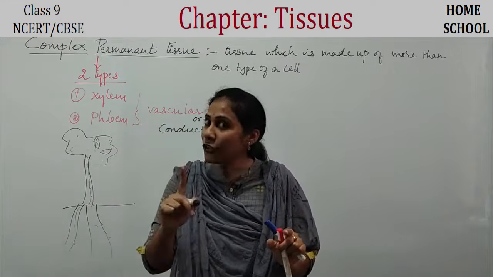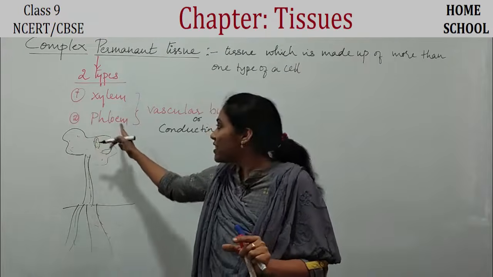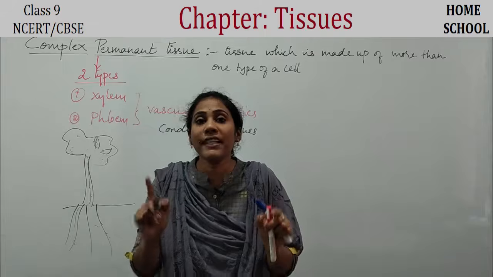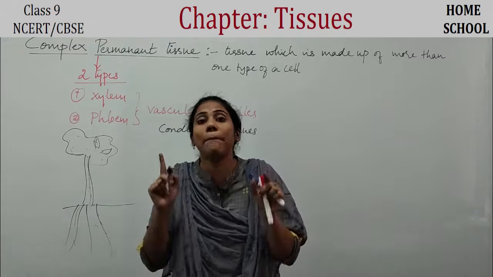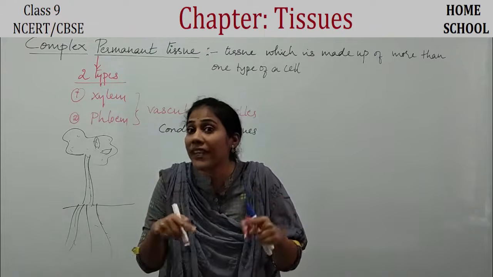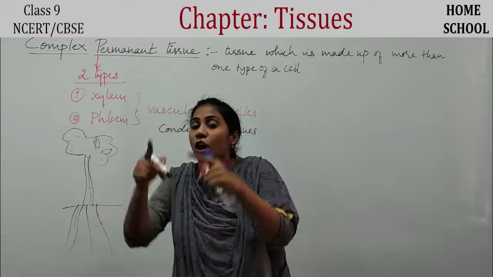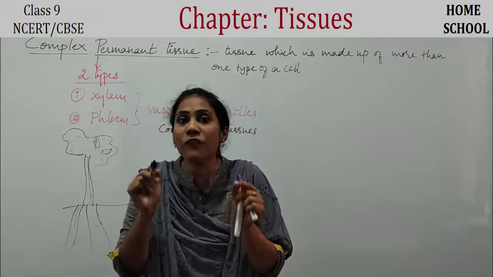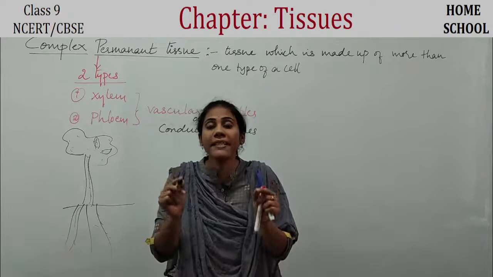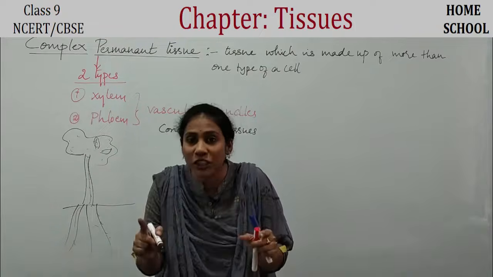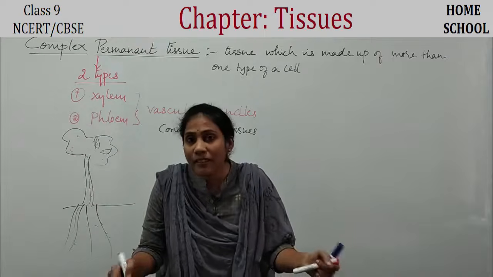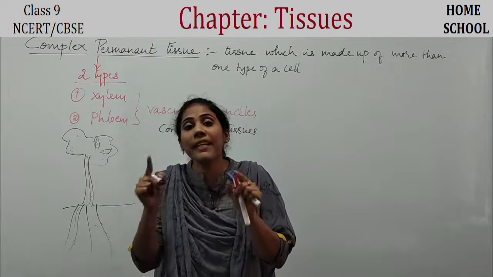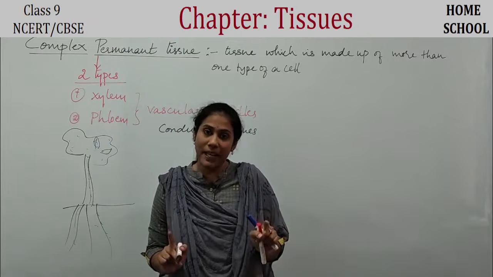Clear? Understood the function of xylem and phloem here? So xylem is the tissue that is helping in passing water from where to where? From roots to all parts of the body. And what is the function of phloem, guys? Phloem is helping in passing food. From where to where? Food is prepared in leaves. So the food is moving from leaves to all parts of a plant.